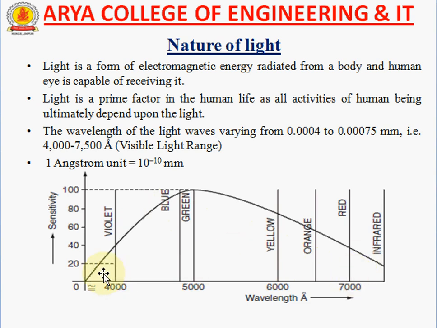When the sensitivity value is high, the visibility of the human eye increases. The best value, approximately 5000 to 5500, is related to unity. So this graph represents the color visibility of the human eye for all activities of human beings.